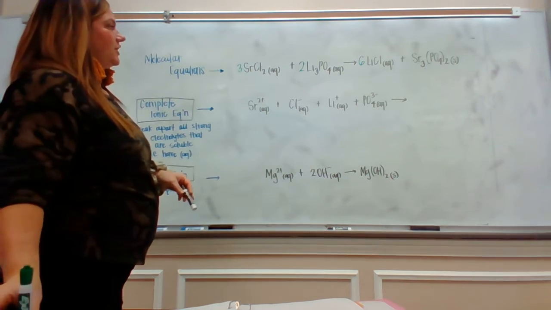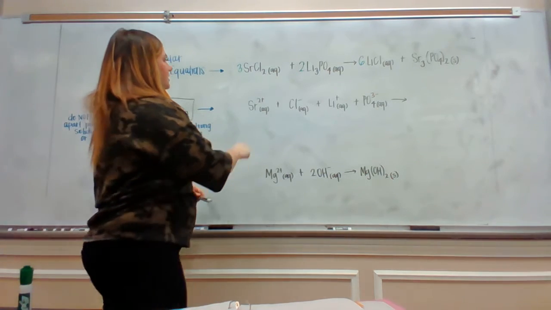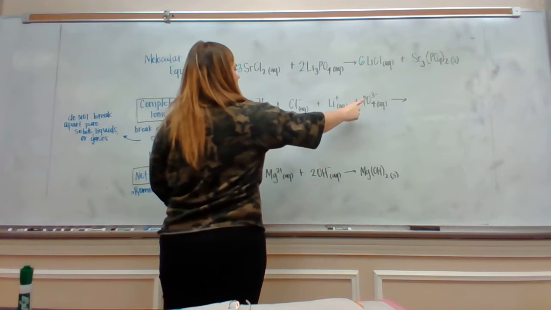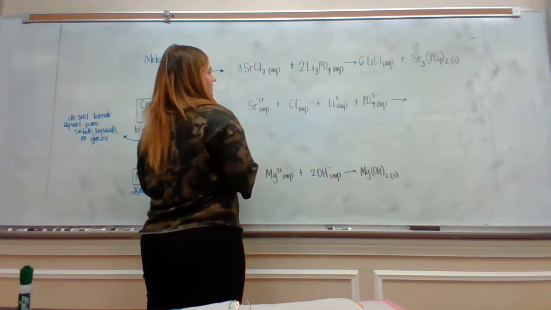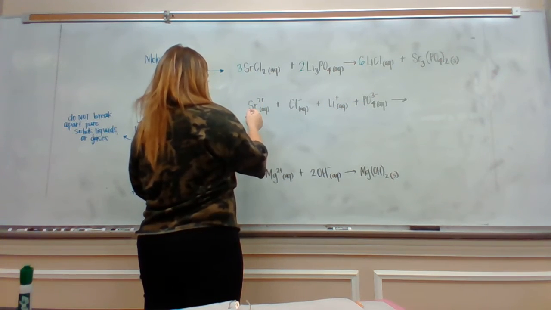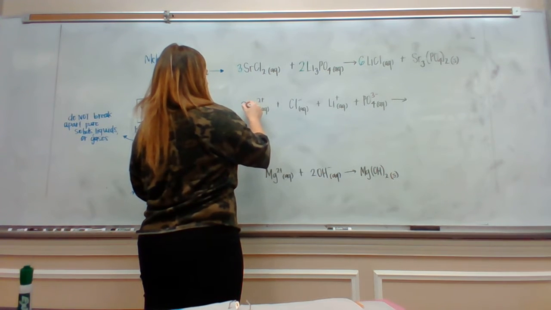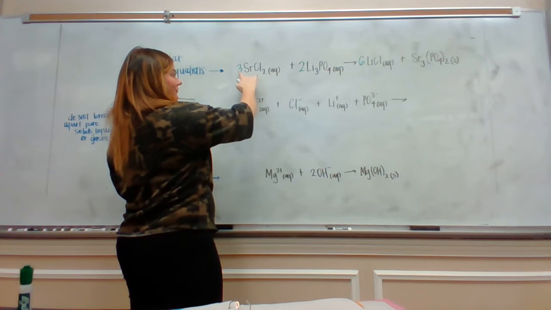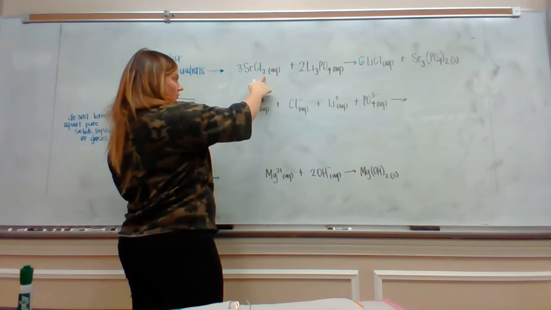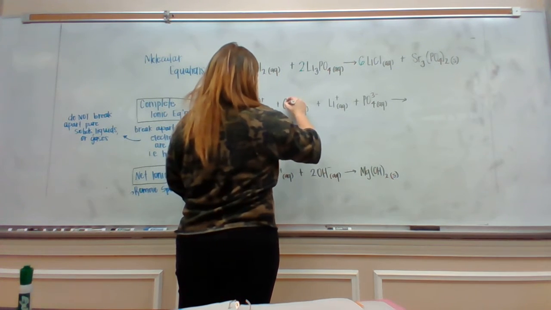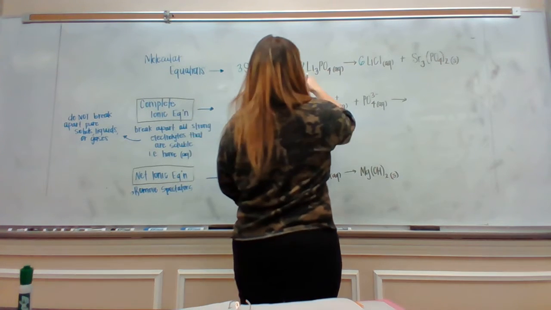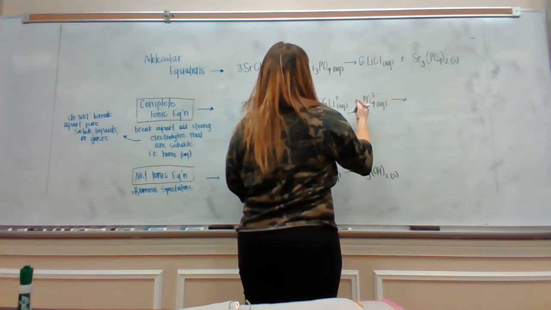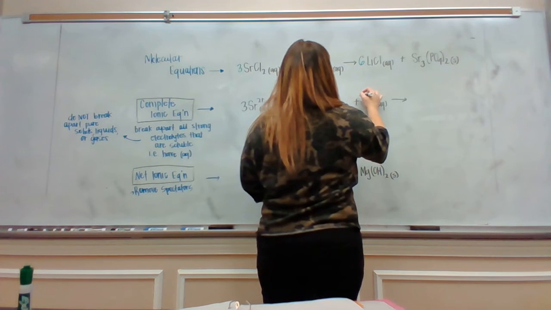So now I've got to go in and add a coefficient in front of these ions. So it'd be 3 here. For chlorine, it'd be 3 times 2, so it'd be 6 right there. 6 for lithium, 2 for phosphate.